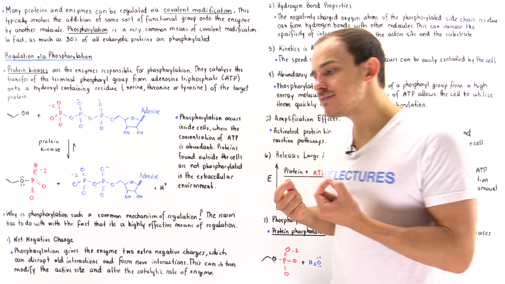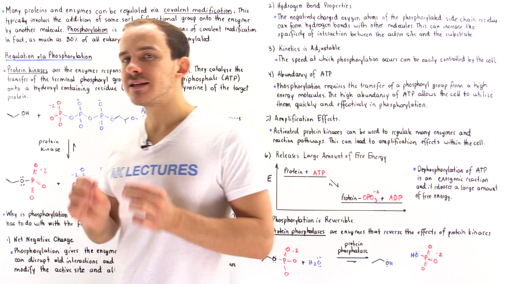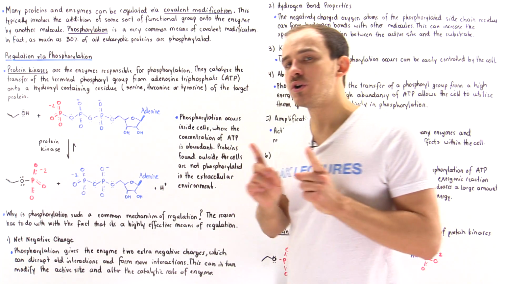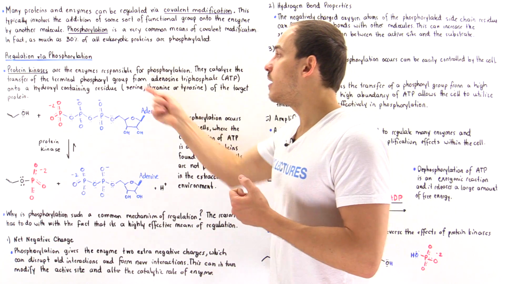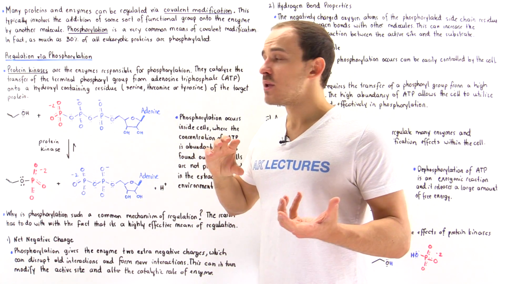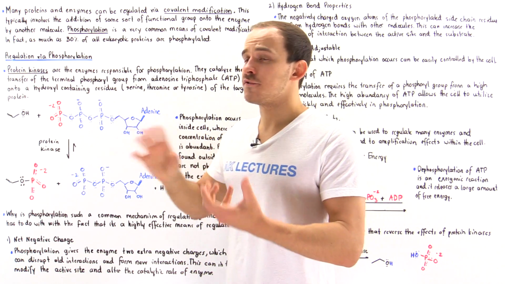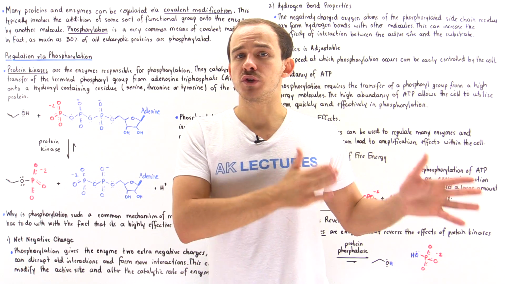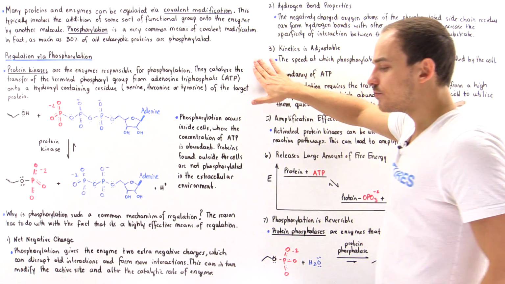In fact, inside our body, we have over 500 homologous protein kinases, which are responsible for regulating the rates of this process. So basically, these different protein kinases catalyze the phosphorylation of different substrate molecules, different proteins, and different enzymes.